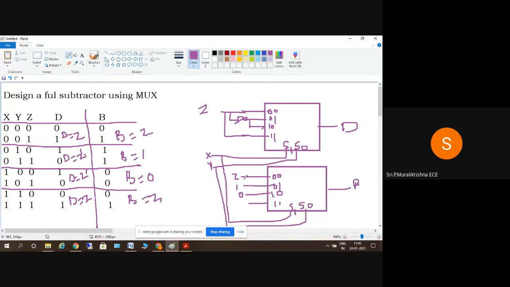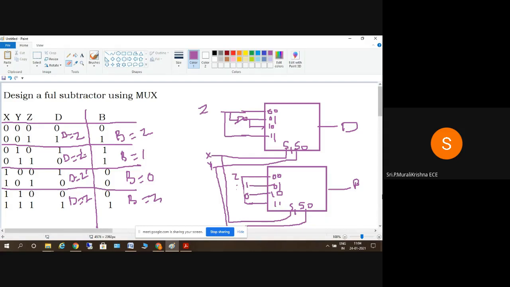So again it is Z. The last one is Z, and don't join this, there should be a gap. Okay, so this is 1, this is 0. So this is how we implement the full subtractor using a multiplexer here.